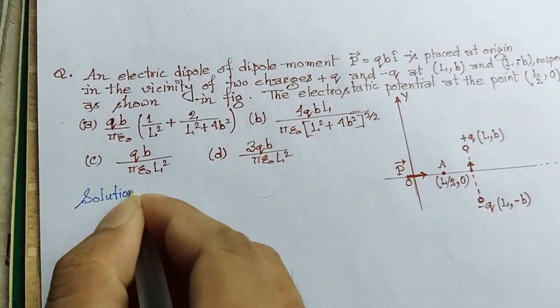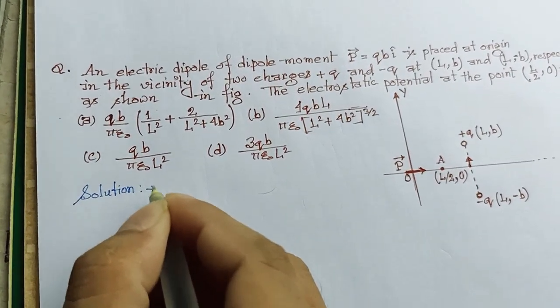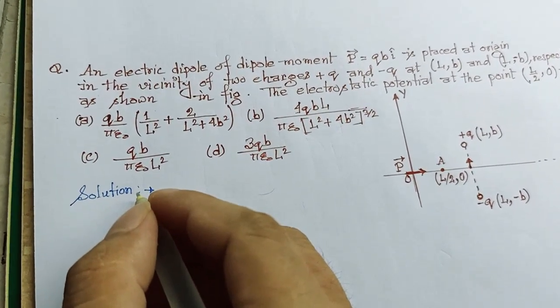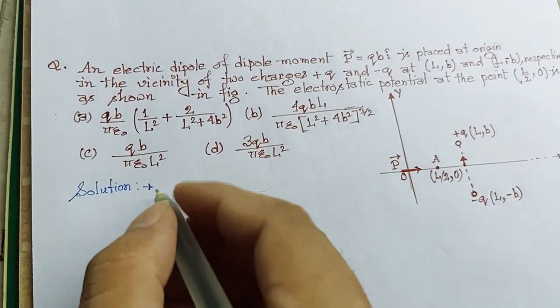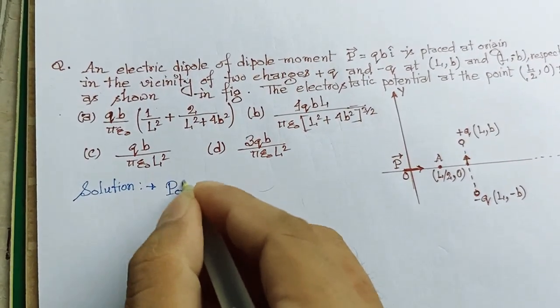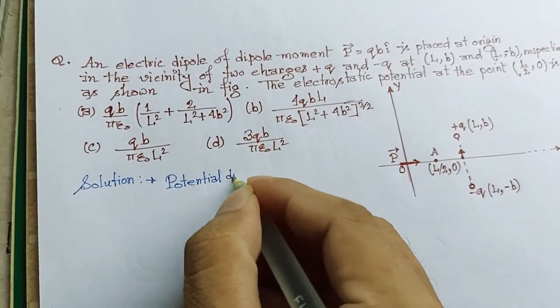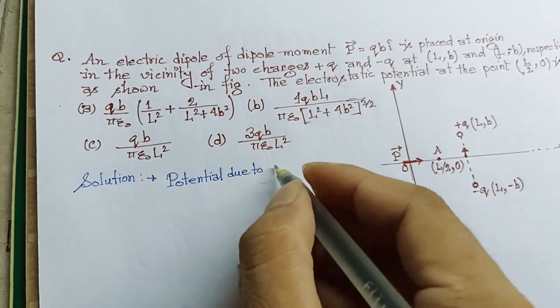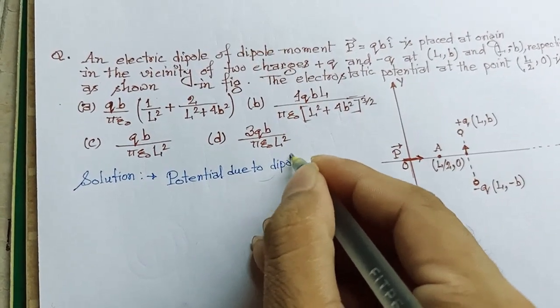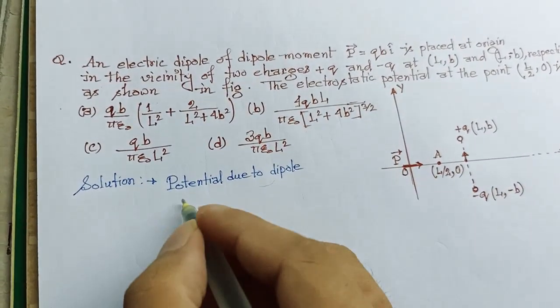For solving this question, we'll first consider the potential due to the dipole. Potential due to the dipole is V1.